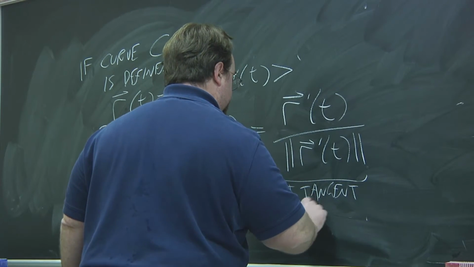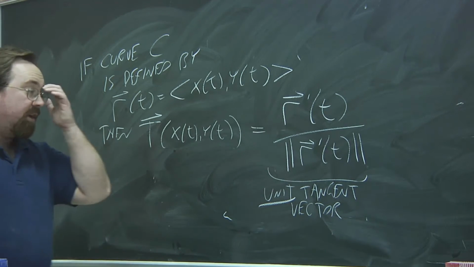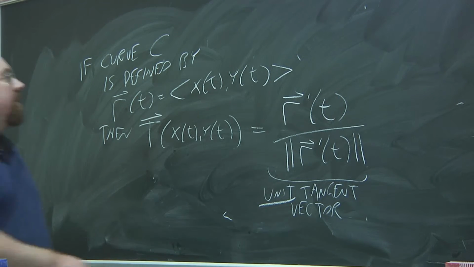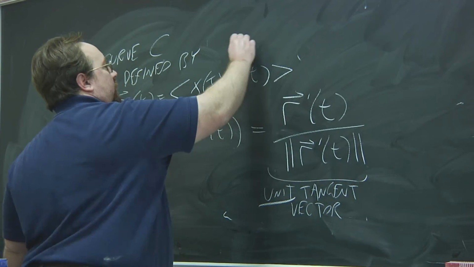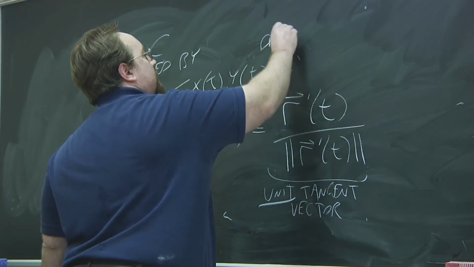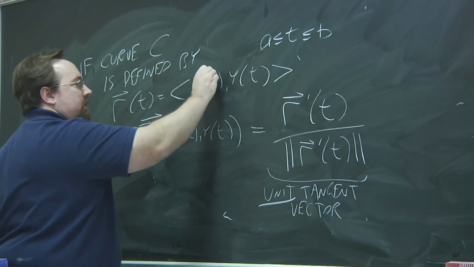So this vector indicates the direction in which the curve is going at any particular point. So that's one piece that we need. We're going to assume that our parameter runs from a to b for this definition of a curve.